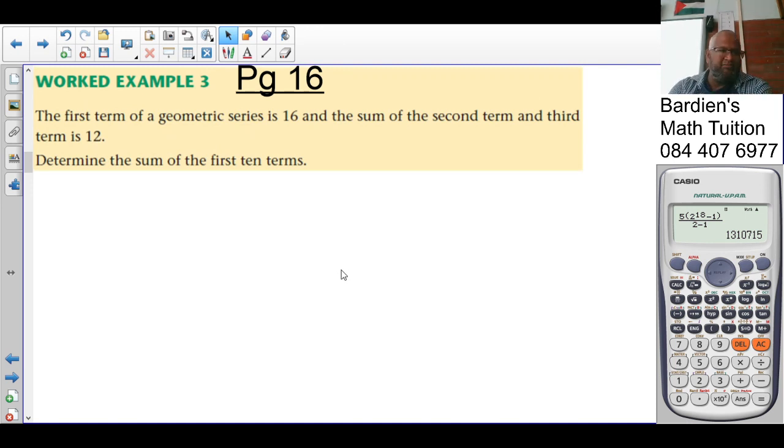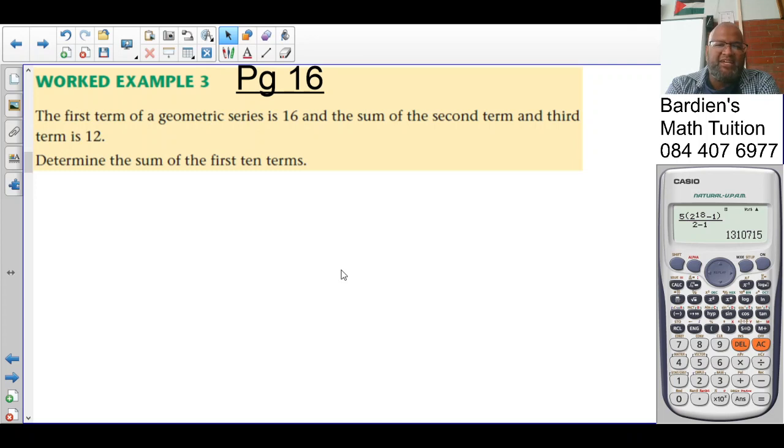The first term of a geometric series is 16. So what can we conclude from there? Zoe, you okay? So the first term of geometric series is 16. What can we conclude? T1, yes, which is also A. So you write A is 16 or T1 is 16.